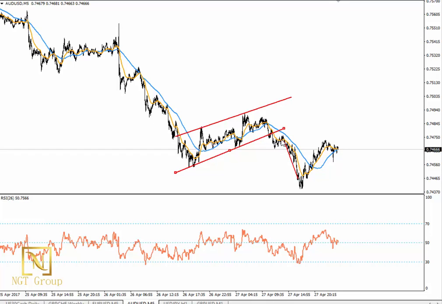Now, we have to have a target, and that's another technique that I will show you guys on my members page, as to how you target the move that you're about to get, and how you could be out at just about the right area, because we were out on this at this area here.